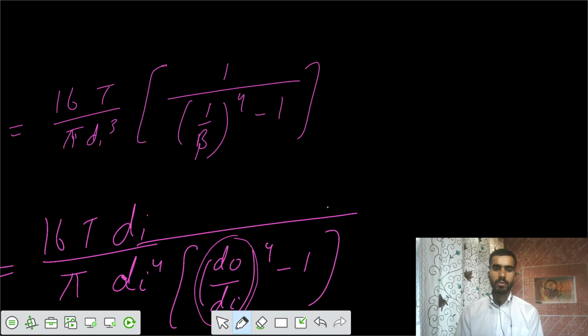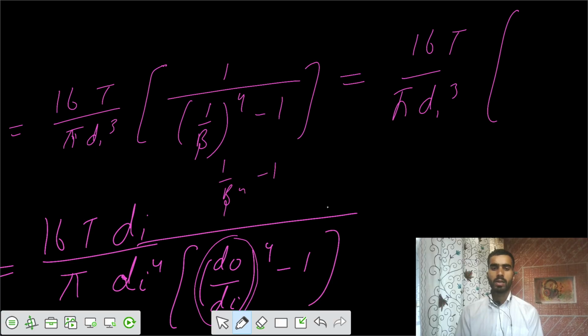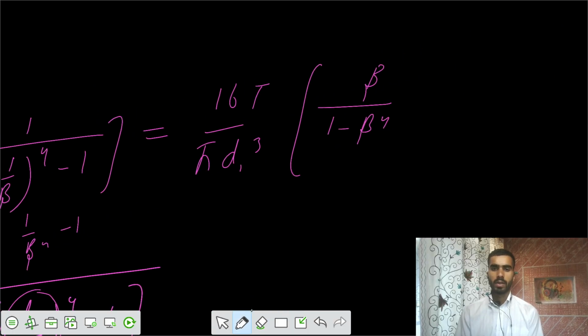Further, if you simplify it, I would write 16T by pi d inner cube, and that would be equal to 1 by beta power 4 minus 1, which is 1 by (1 minus beta power 4) and beta power 4. So you got this one.